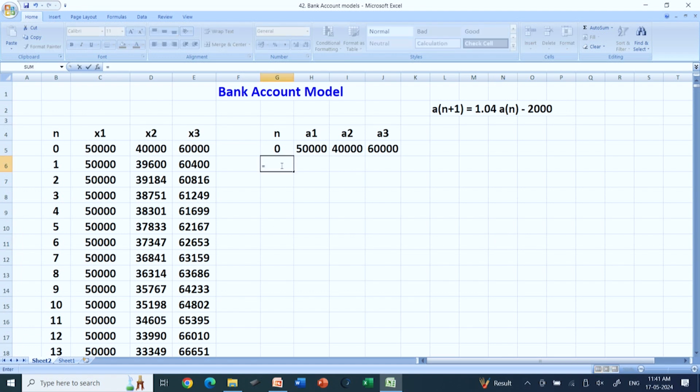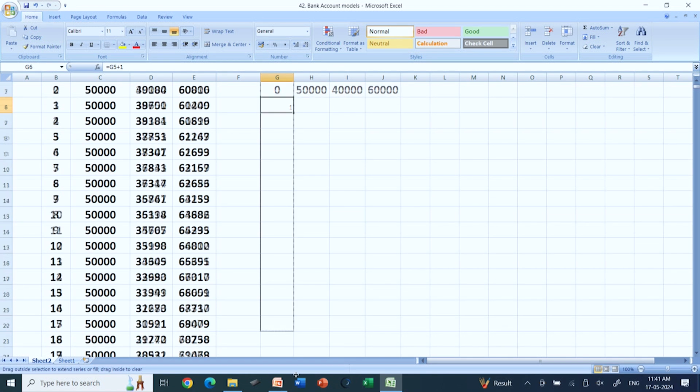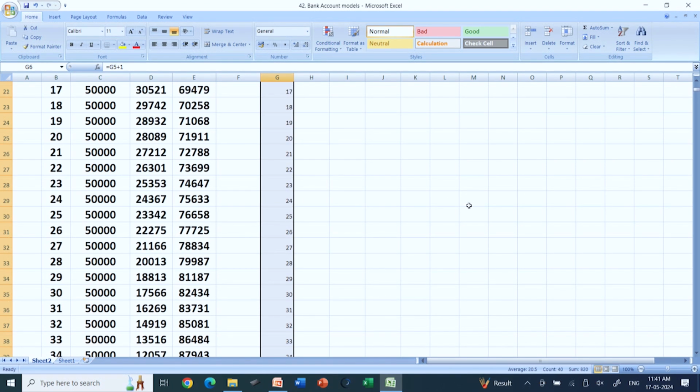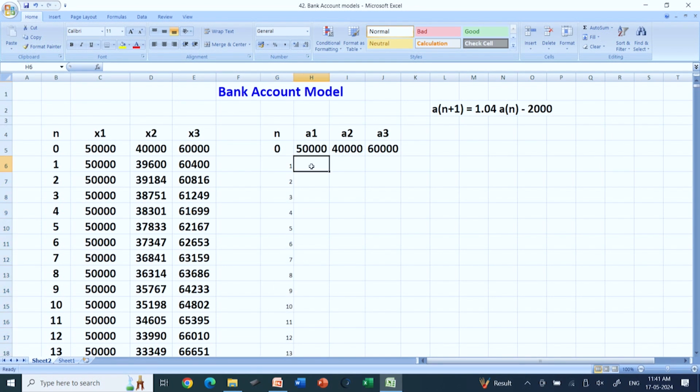So, this value is equal to this plus 1. So, I just give an increment of 1, and let us calculate up to 40 of them. This value is equal to, so I will use this equation. So, this is n equal to 0.